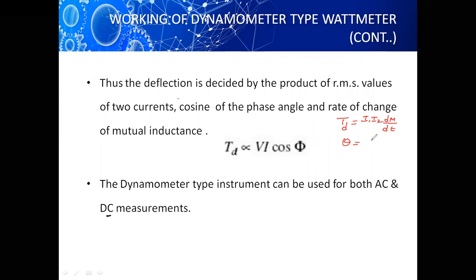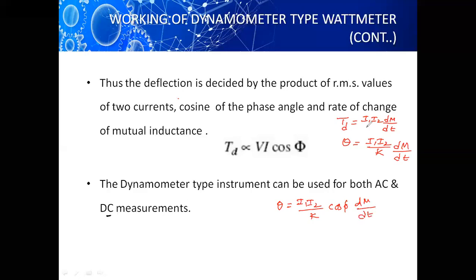For DC, it was I1, I2 by k dM by dθ. And for sinusoidal currents, it was I1, I2 by k cos phi dM by dθ.